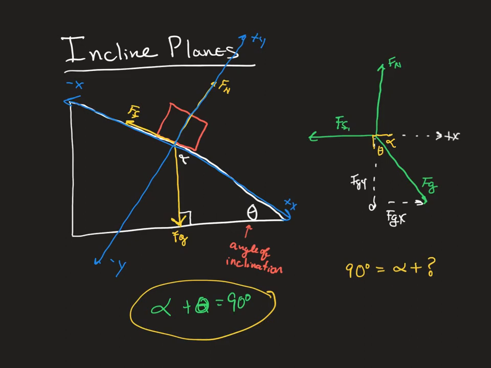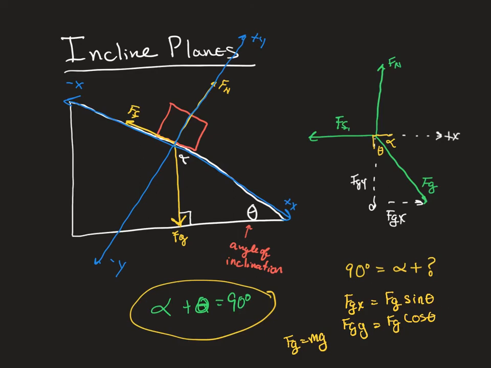Now we do have to be careful here. Theta is opposite to the x and adjacent to the y. So for x we're going to use sine since it's opposite, and for y we're going to use cosine because it's adjacent. So force due to gravity in the x is going to equal the force due to gravity times the sine of theta. And force due to gravity in the y is going to equal the force due to gravity times the cosine of theta, remembering that the force due to gravity is equal to m times g.